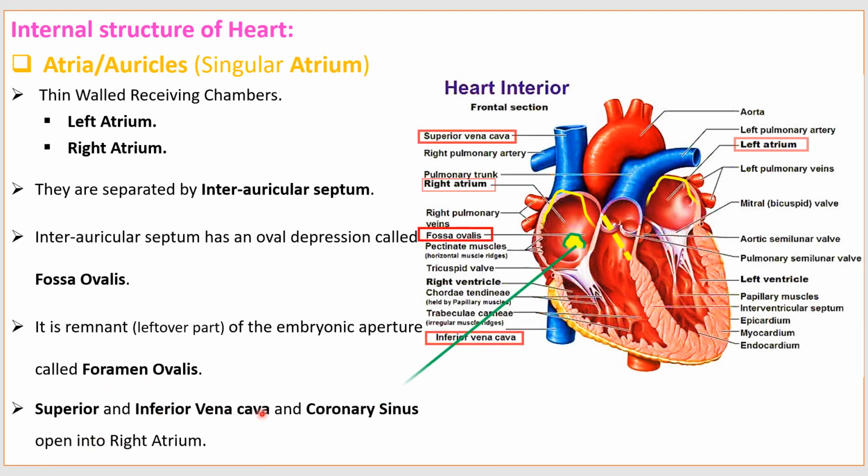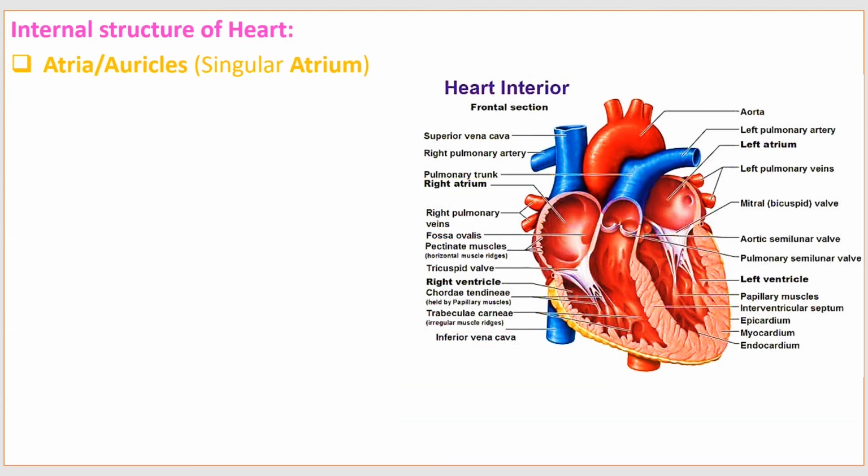The superior and inferior vena cava and the coronary sinus, somewhere here the coronary sinus is present, open into the right atrium. Now the internal structure of the heart, that is in the auricles or atria.